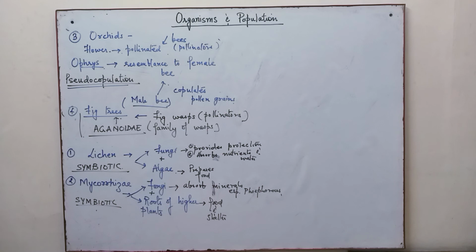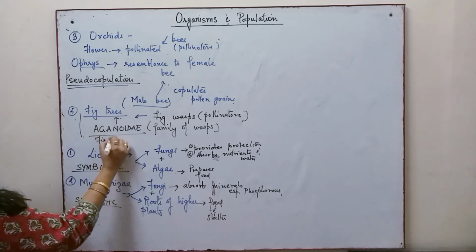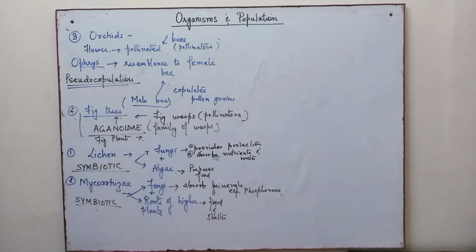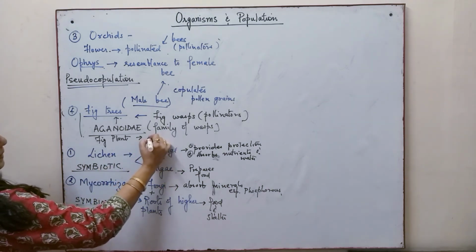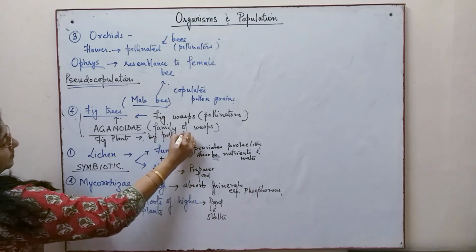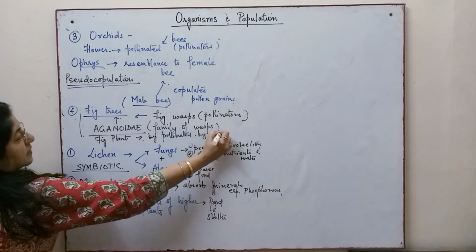And what is the advantage? The fig plant gets the benefit by getting the pollination done, by wasps.